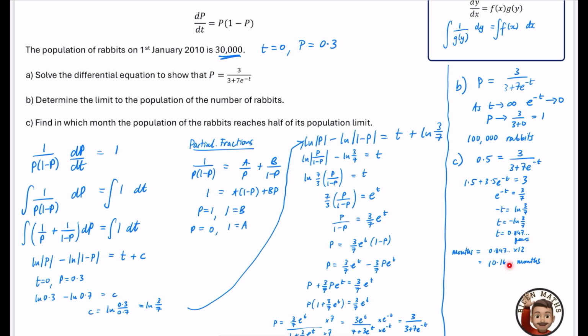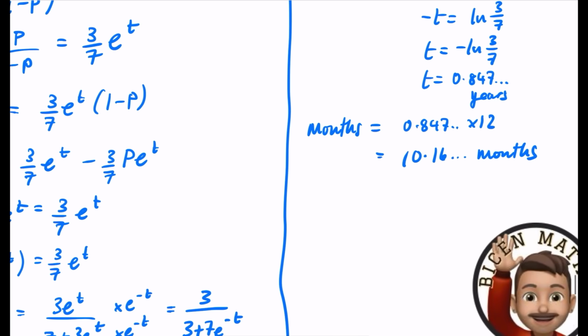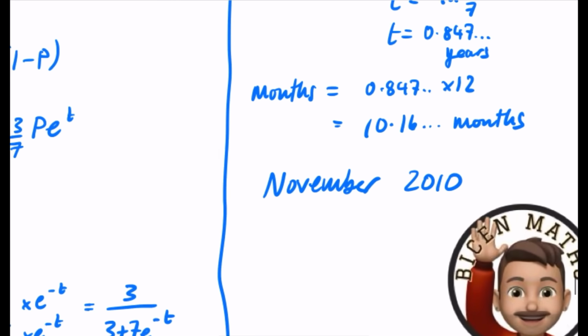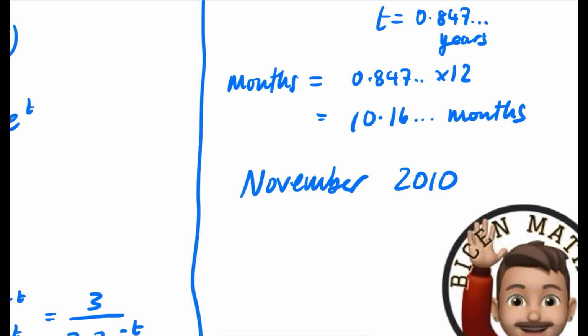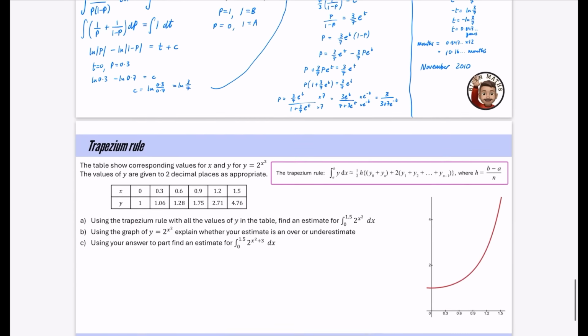So 10 months later isn't going to be October, it's actually going to be in November, because it is 1 month advanced from it. So this is going to be in November 2010, because it is 10 months later. 1 month later is February, 0 months later is January. It's a very confusing way, but it's definitely November 2010.